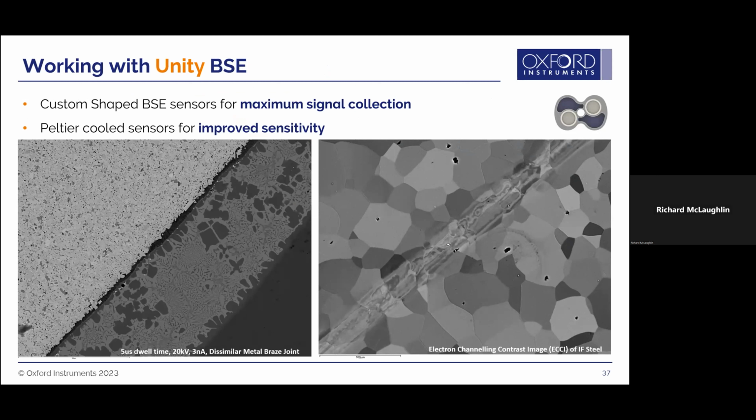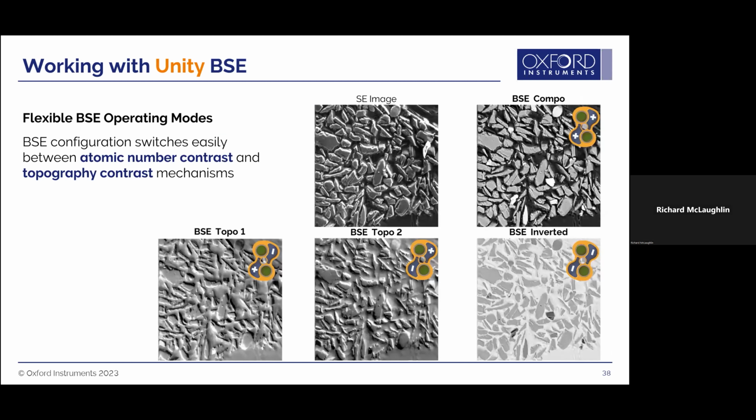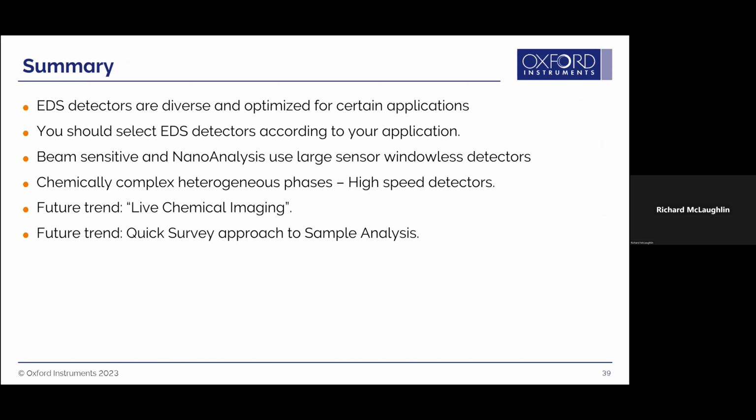If we take a look at images here, a raised joint, and some ECCI imaging from a steel, beautiful images, those are achieved just because we Peltier cool the backscatter detector. You still have some flexibility. For instance, you can still go into topo mode and turn off segments of the detector to get different topographical effects.